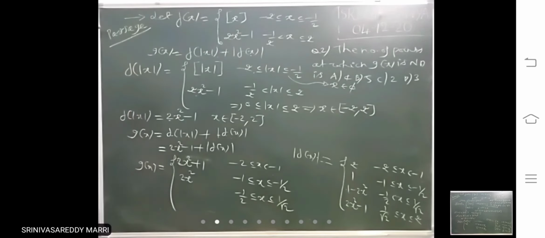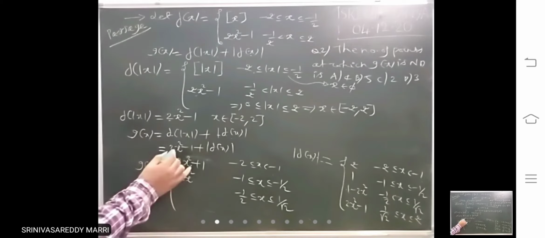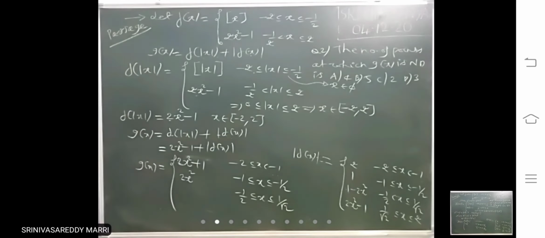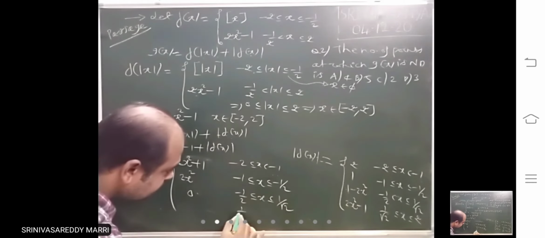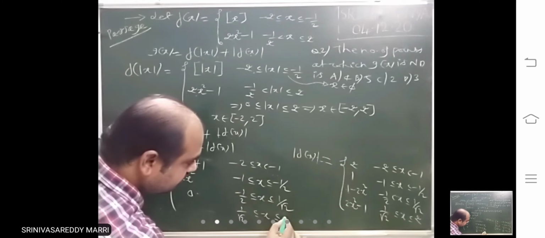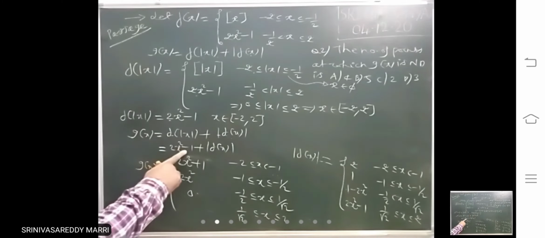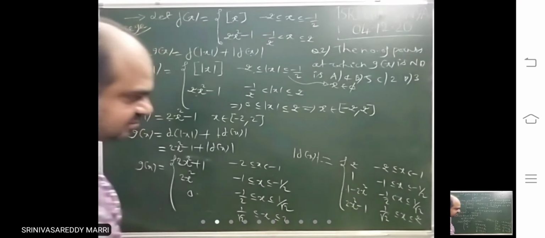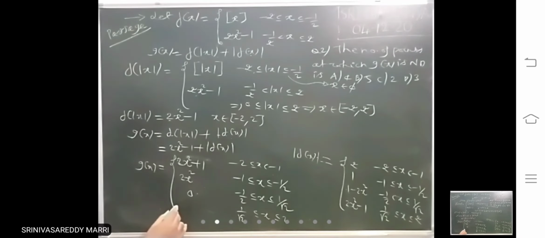1 by root 2. -1 by 2 to 1 by root 2. This plus this, what will you get? The 1 cancels, minus 2x square cancels, 0. So next, 1 by root 2 to 2. This is 2x square minus 1, and this is also 2x square minus 1. That means you will get 4x square minus 2.